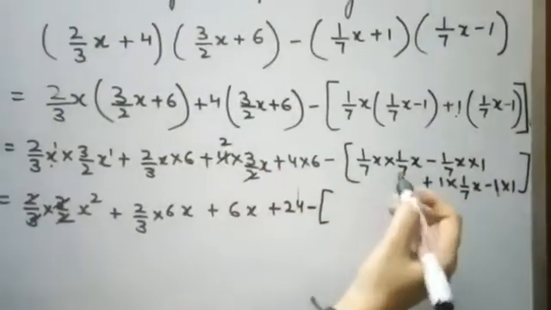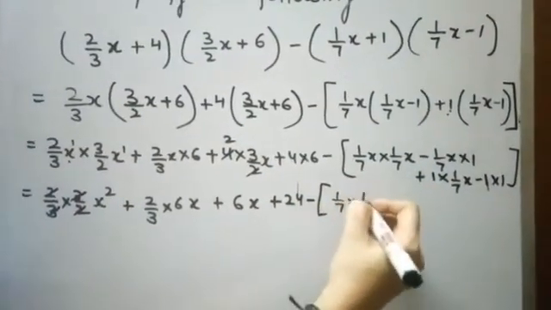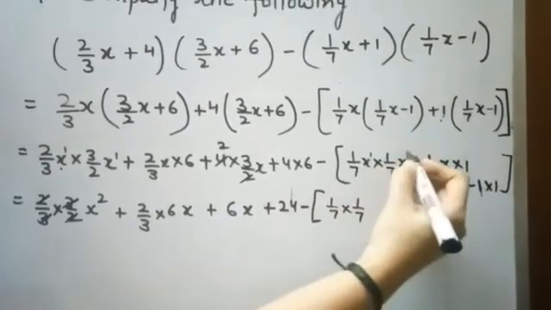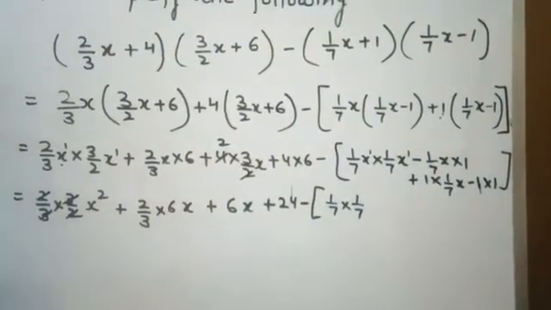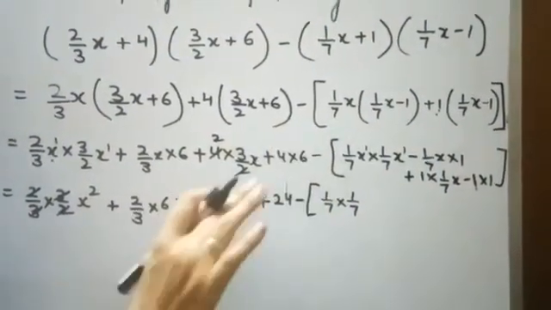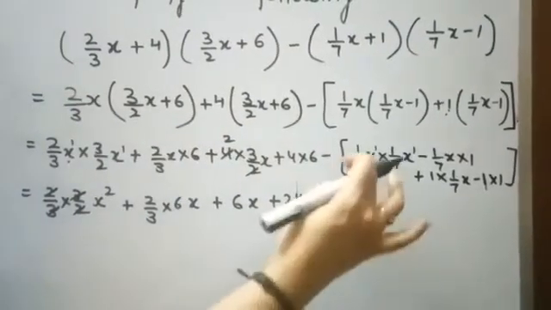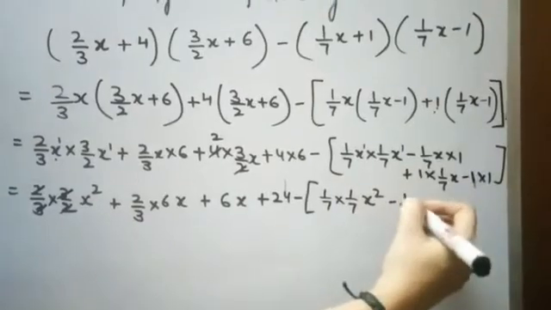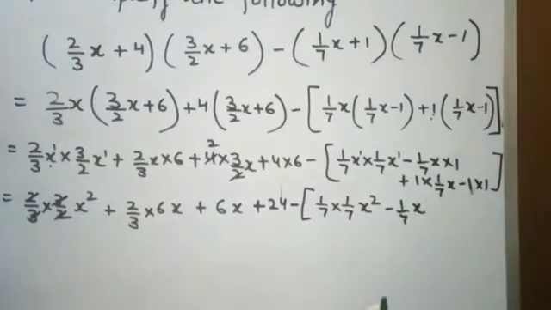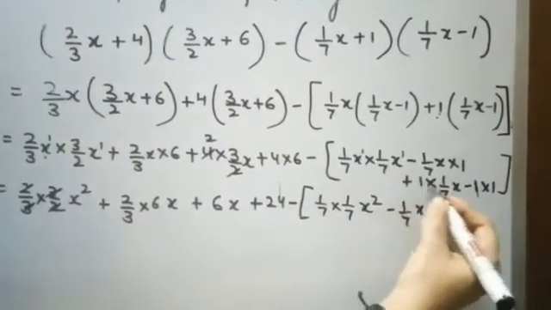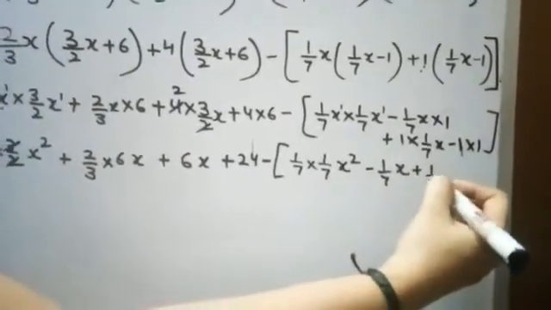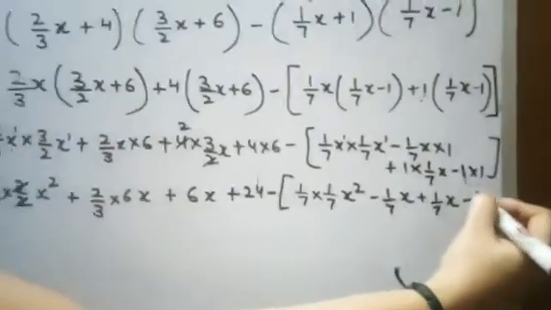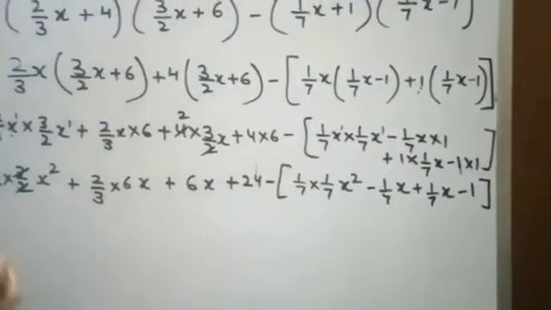1 by 7 into 1 by 7, and again x raised to power 1 into x raised to power 1. We have to multiply the number separately and the variable separately. So it will become x raised to power 2, minus 1 by 7x into 1, that is minus 1 by 7x, plus 1 into 1 by 7x, that is plus 1 by 7x, and 1 into minus 1, minus 1.